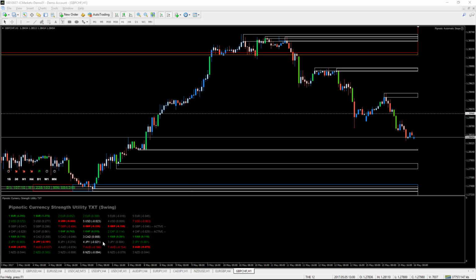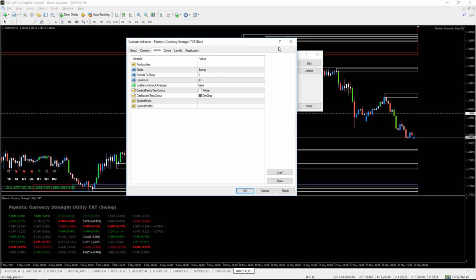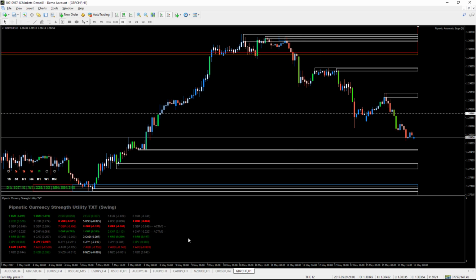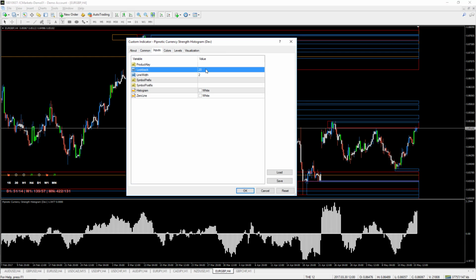Yes, so Stephen, the number 20, I think I walked through this, but just to be sure, it's actually on this indicator. The number 20 here is the look back. By specifying 20, I have told the indicator that I want to look at close prices now compared to close prices 20 periods ago, which on an hourly chart is 20 hours ago, and on a 15-minute chart is 20 15-minute periods ago.